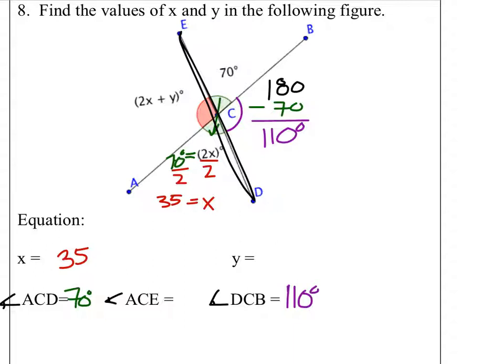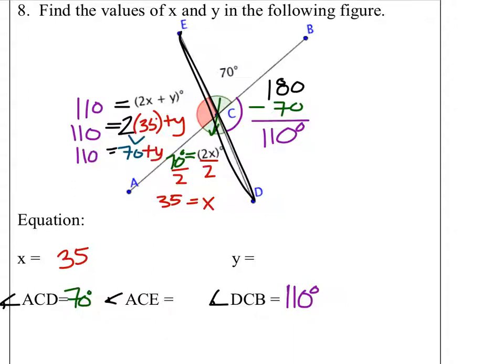110 degrees. Now this should allow me to solve for y because 2x plus y is 110 degrees. And do we know the value of x? Yes, we do. Well, that would give us 110 equals 2 times the x, which was 35, plus y. Well, 2 times 35 is 70.